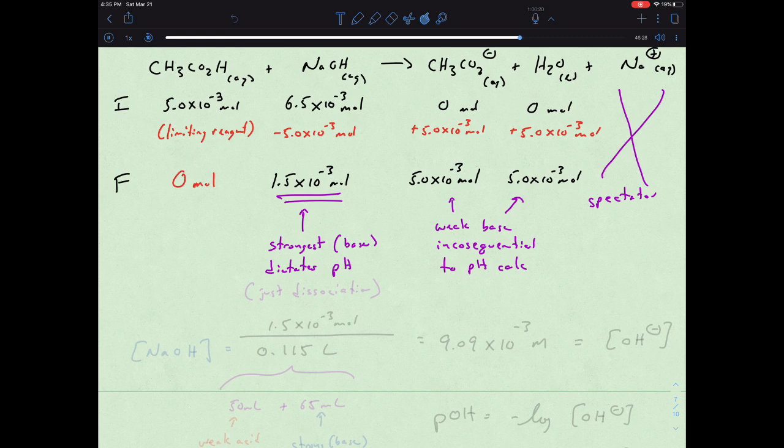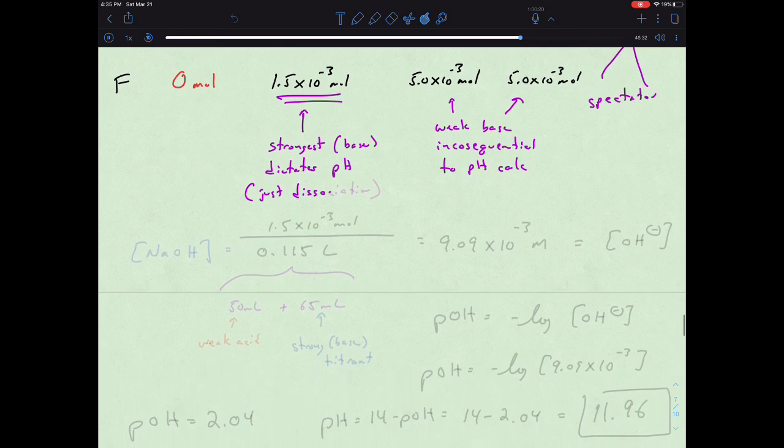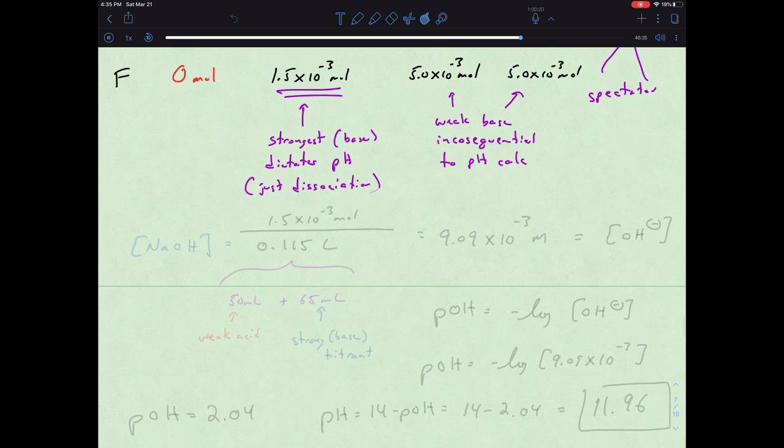So that means that this is just dissociation.